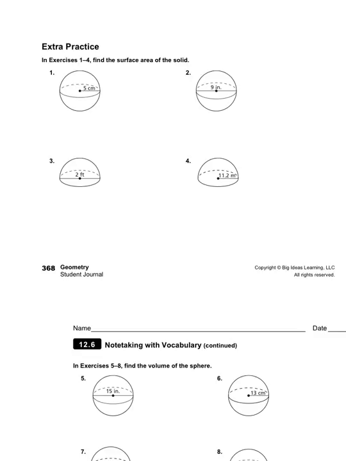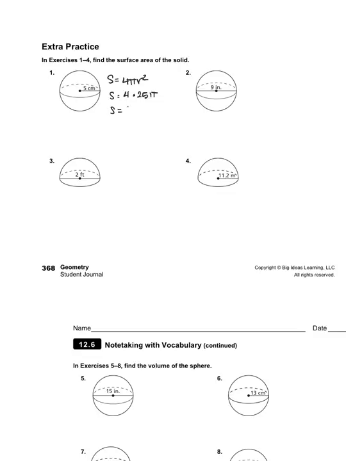So anyways, looking at question 1, we have a sphere with a radius of 5 centimeters. It asks us to find the surface area. So I know that the surface area of a sphere is 4 pi r squared. So I'm going to do 4 times, my radius squared is 25, so I'm going to do 25 pi.